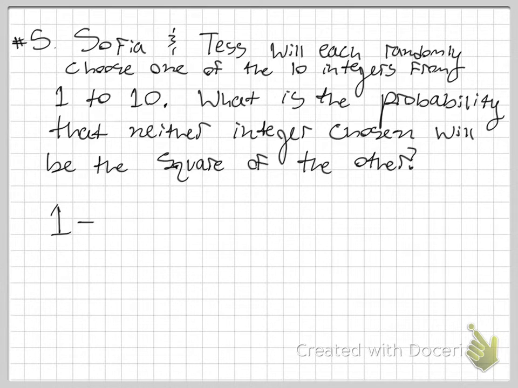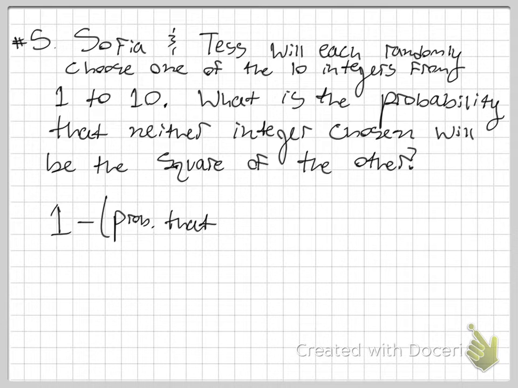minus the probability that the square... it's equal to 1 minus the probability that one will be the square of the other.